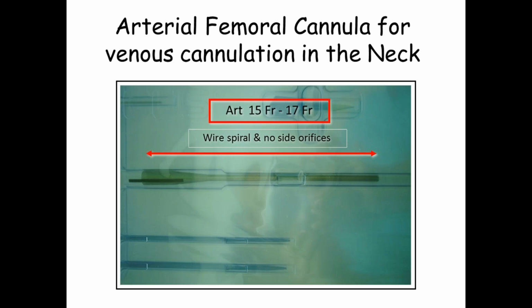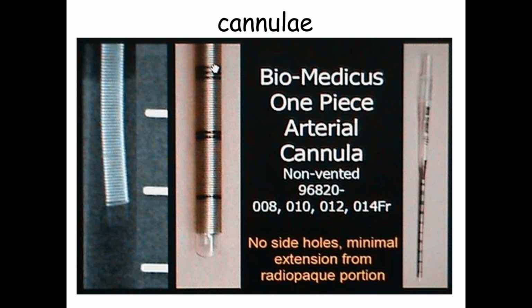These are the spiral coated cannulas, so that there is no kinking in that. And if you see, the tip is not radio opaque, you don't actually see the tip. Wherever you see the cannulas, the actual cannula position is at least 1 inch above that, because the tip of the cannula is not seen.